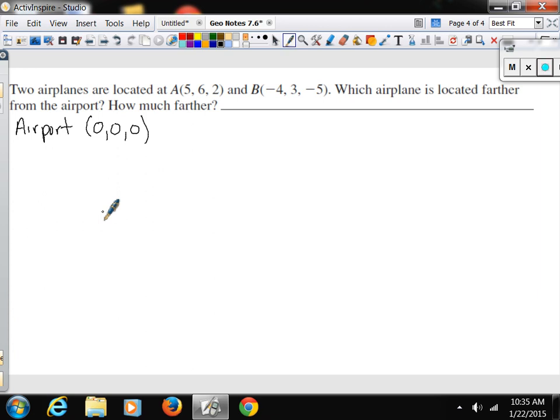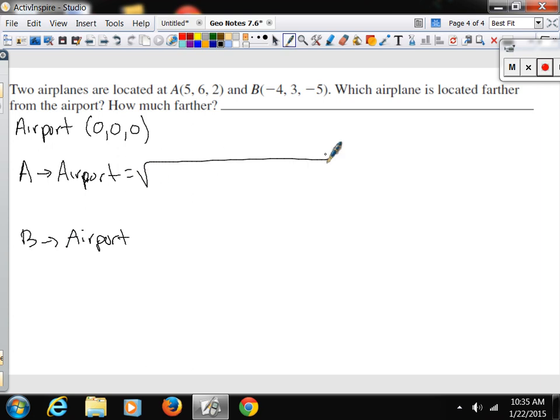So we need to find plane A to the airport, and we need to find out plane B to the airport. So we need to use our distance formula that we just used and find out how far each plane is from the airport.